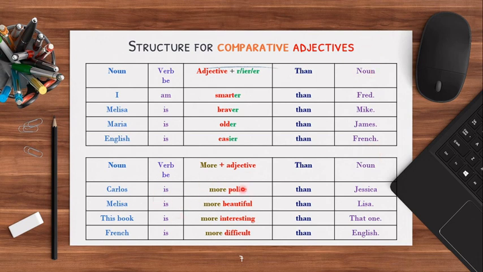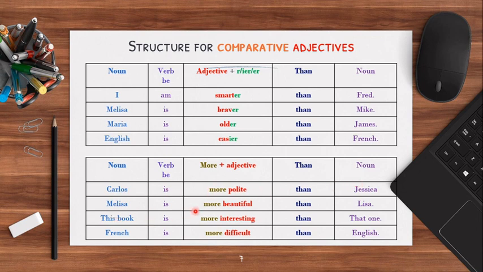So remember that whenever we have more than two syllables, we will only add the word more before the adjective, and we will follow the same structure. Carlos is more polite than Jessica.